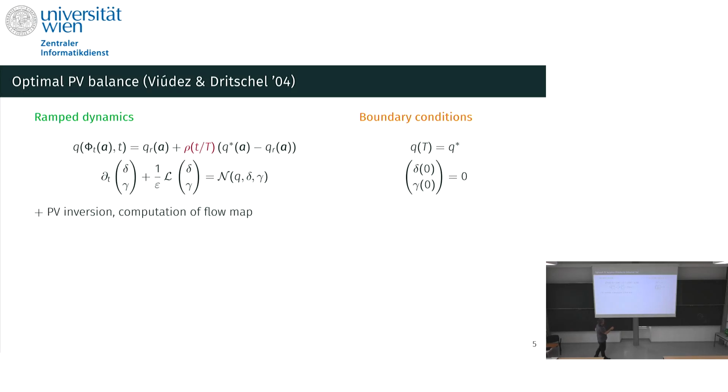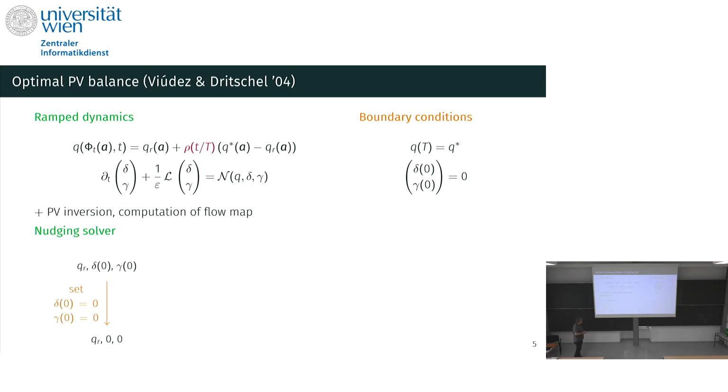At a final time, that I always call capital T for the remainder of this talk, they were imposing some potential vorticity profile Q star. This is given, and that is my target potential vorticity distribution. And then at the initial time, t equals 0, they impose that there is no ageostrophic motion. So the two ageostrophic variables in this case would be equal to 0.